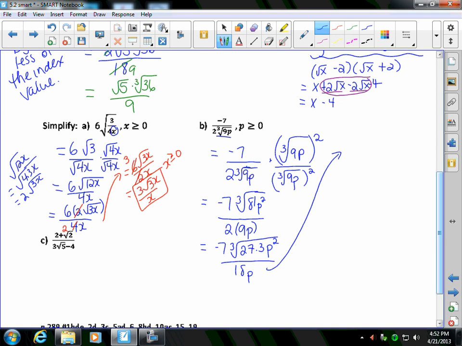So cube root of 27 is the same as a 3. That leaves me with 3 cube root of 3p squared, all over 18p. Well, 3 can divide into 18 evenly. 3 goes into there once and into there 6 times. So my answer is going to be negative 7 cube root of 3p squared all over 6p. And your answer is done.